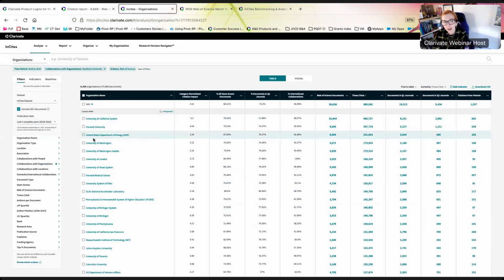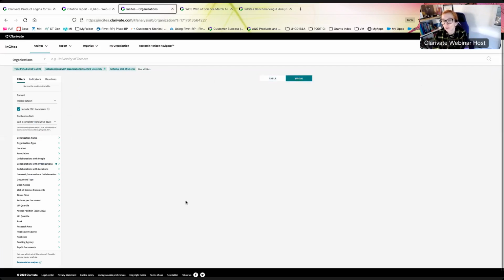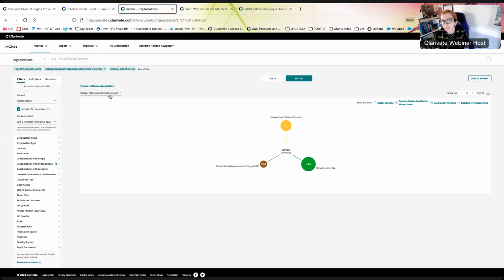And here, I have brought up all the institutions that collaborate with Stanford. Similar thing again, you go into visual, and this is going to allow you to map out the collaborations for Stanford. So if we say we want to see the top 10 by CNCI, we can do that.